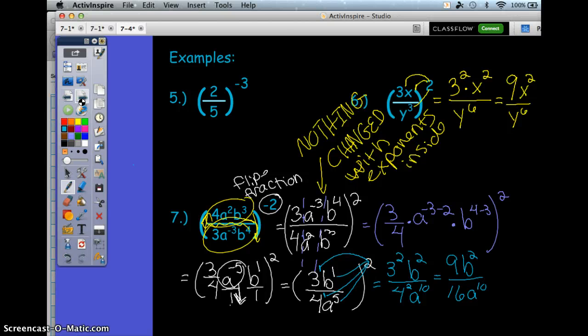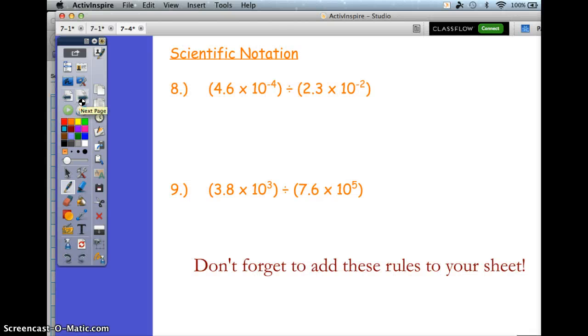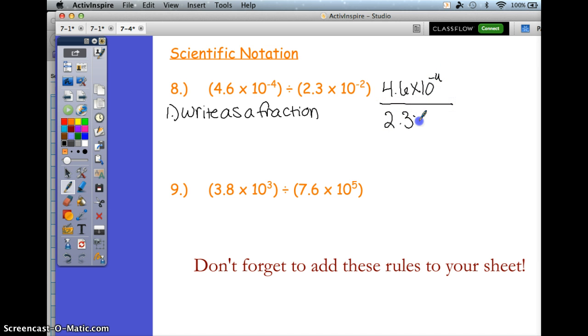The last thing we're going to talk about is scientific notation division. The first thing that you're going to do whenever you have scientific notation is write it as a fraction. So you'd have 4.6 times 10 to the negative 4th over 2.3 times 10 to the negative 2nd. Then write it as a product of fractions.